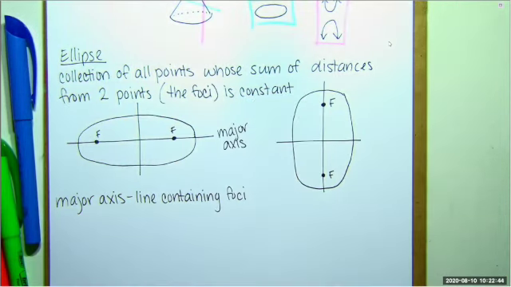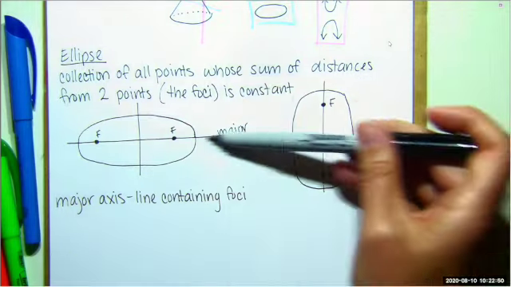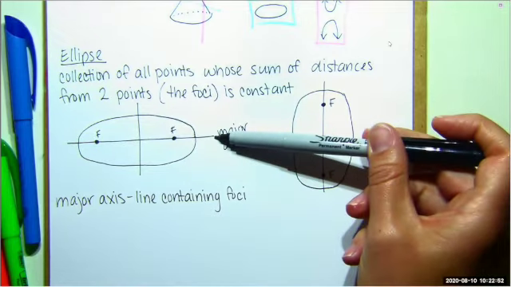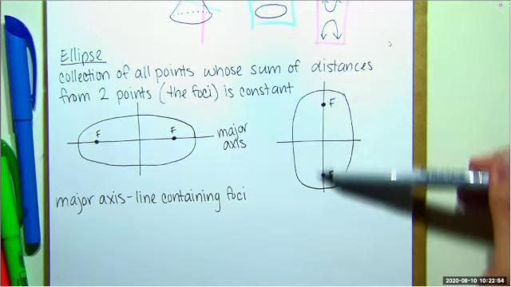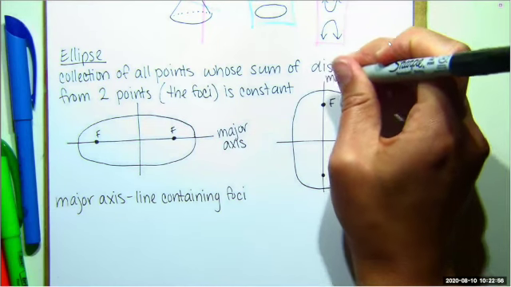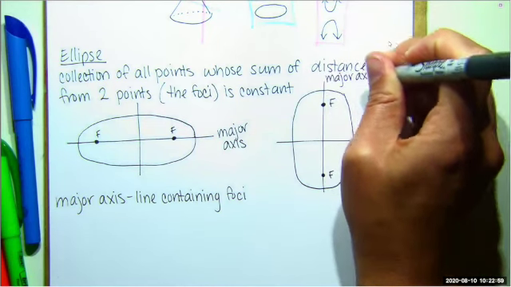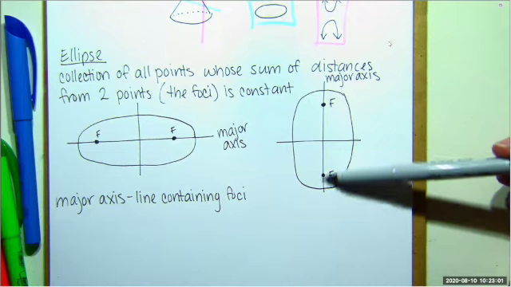We'll say that our major axis is on or parallel to the x-axis when it's oriented horizontally, right? This major axis is either on or parallel to the x-axis. Here where it's oriented vertically, this is our major axis. And in this case, our major axis is either going to be on or parallel to the y-axis.